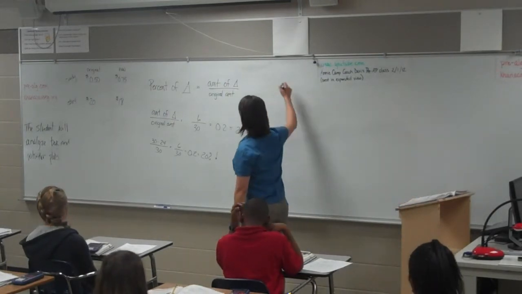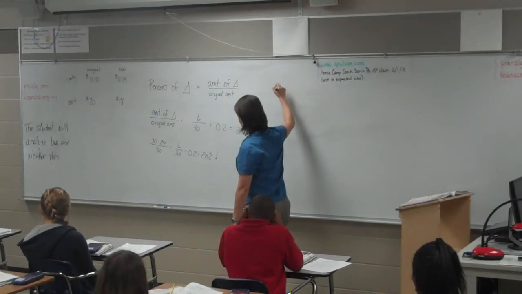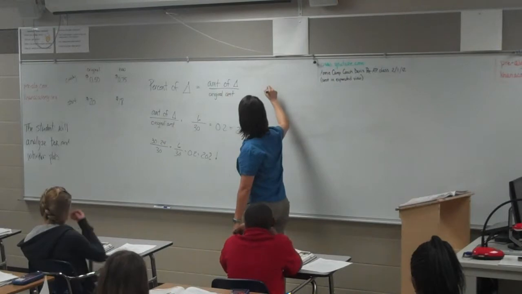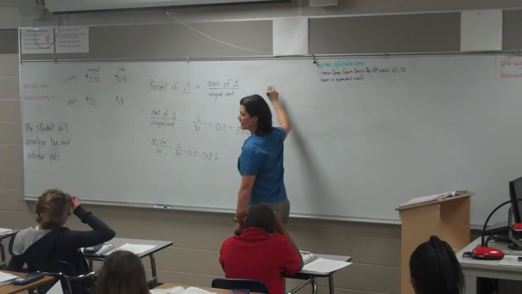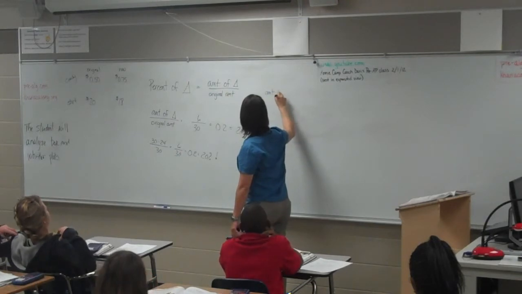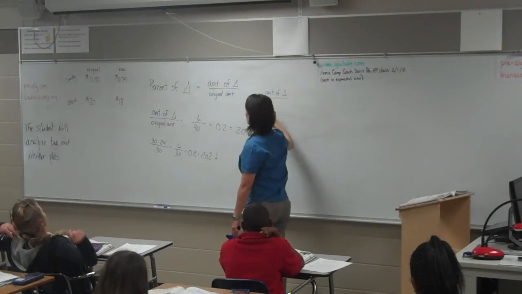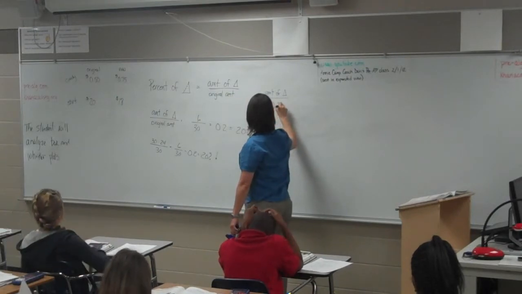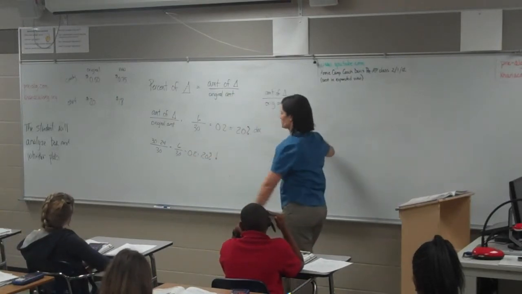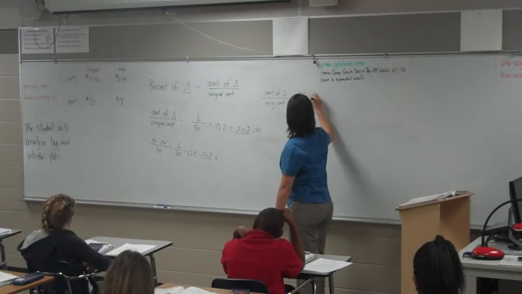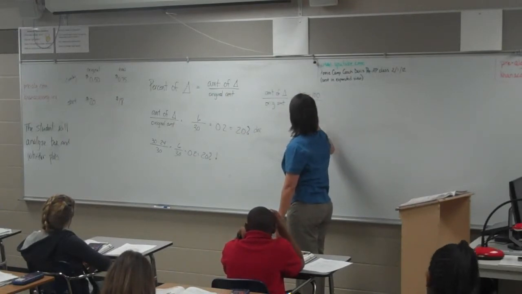What am I writing down? You're going to write the amount of change, the change in amount, and then put it over the original amount. Okay, and then what was your part? 140 minus 100, divided by 100.